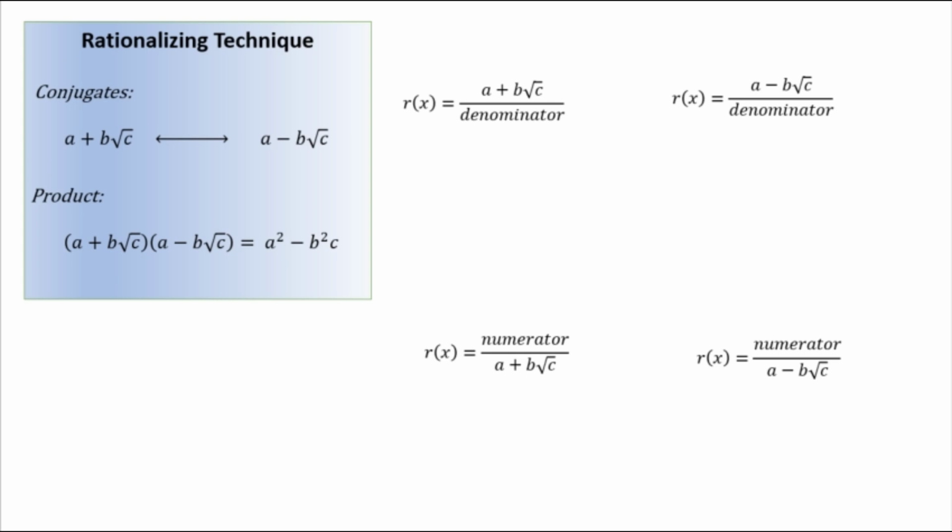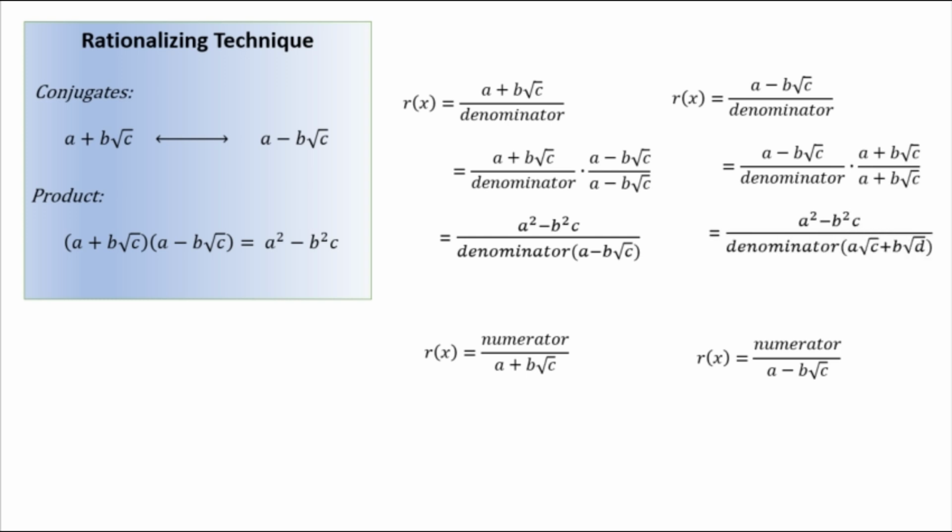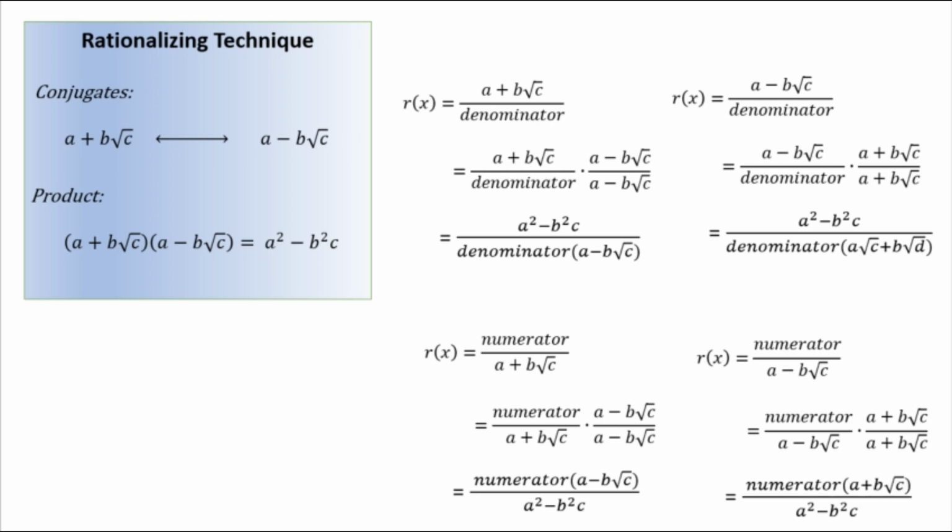With this new form, we expect to see or extract a factor in the denominator, or the numerator. When that happens, cancellation is now possible.